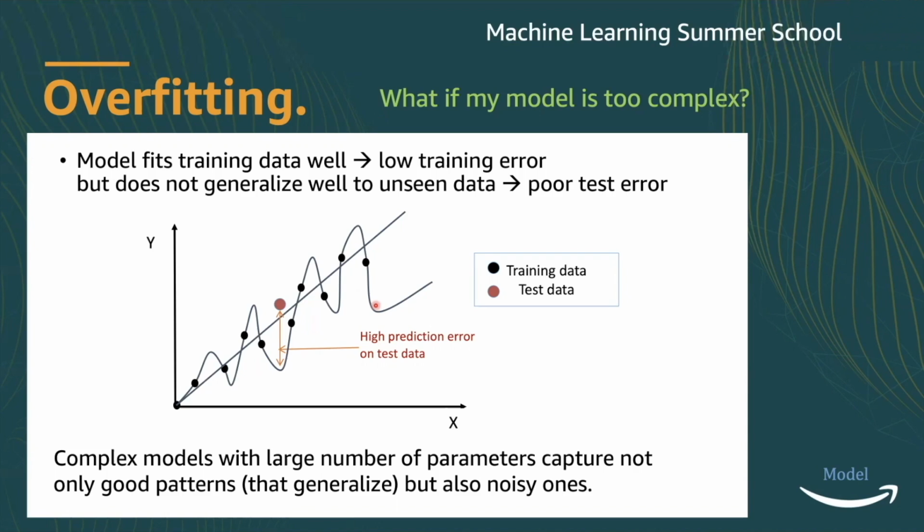It's fitting to the randomness that's coming with the patterns. And this is not a good thing. So overfitting is not a good thing. You don't want to fit to the noise. You just want to fit to the pattern in the data. So you should ensure that your model is not too complex for the data that you're operating on.